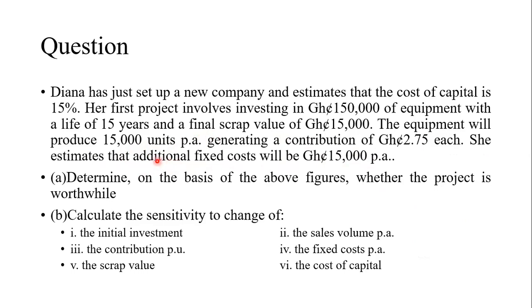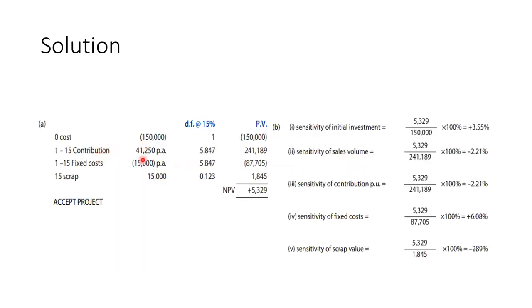In this case, this is additional fixed cost, so we need to take that into consideration, of 15,000 Ghana cedis per annum. Okay, so that is that. So for each of the years, notice that year 1, 15,000, year 2, 15,000, and so on and so forth, up to year 15. The same way, the contribution, 41,250 each of the years.